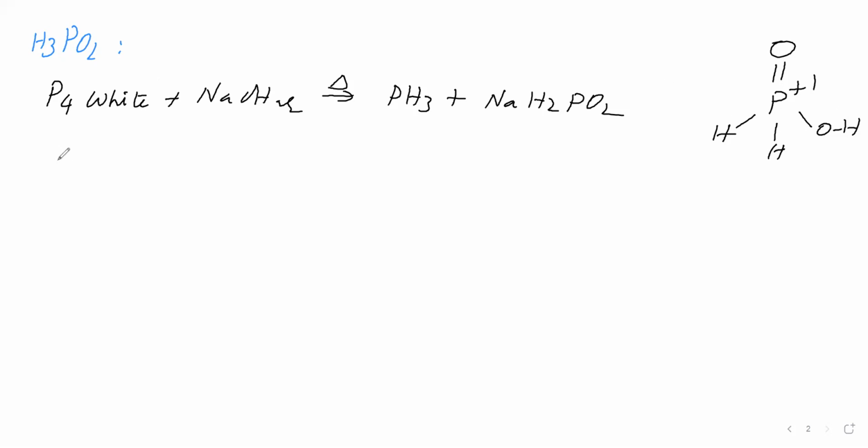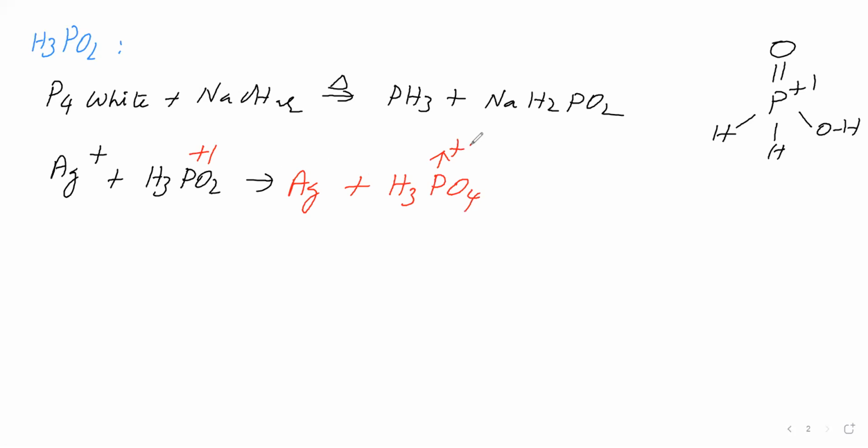Now, we will take silver nitrate. From silver nitrate, we will take Ag+. This H3PO2 acts as reducing agent. Therefore, Ag plus undergoes reduction and becomes Ag. This H3PO2 undergoes oxidation. That means the phosphorus plus 1 undergoes oxidation to maximum oxidation state, that is H3PO4.